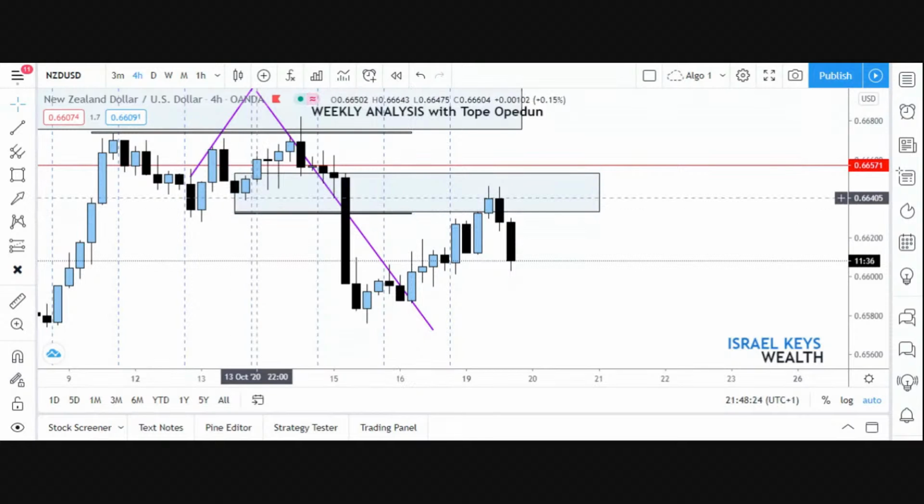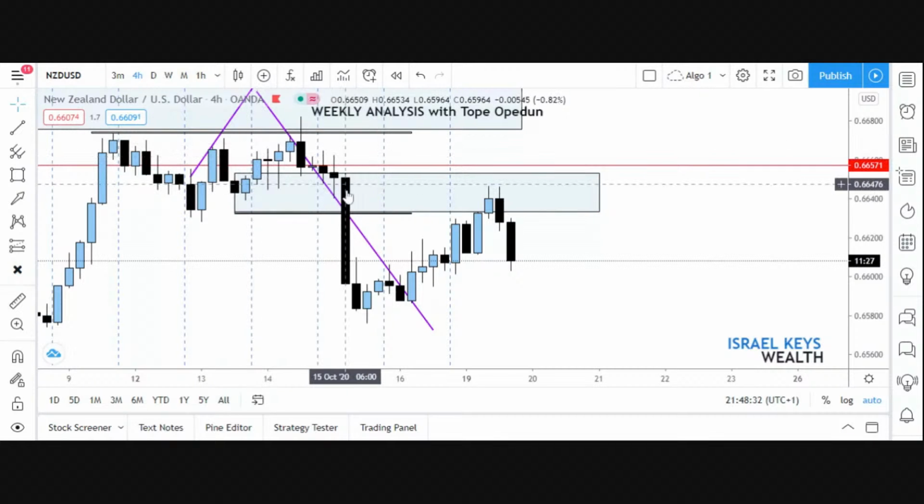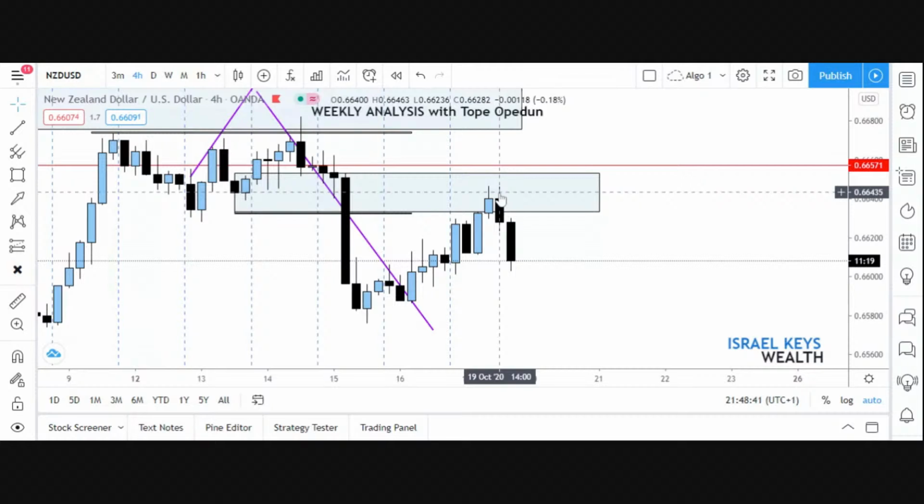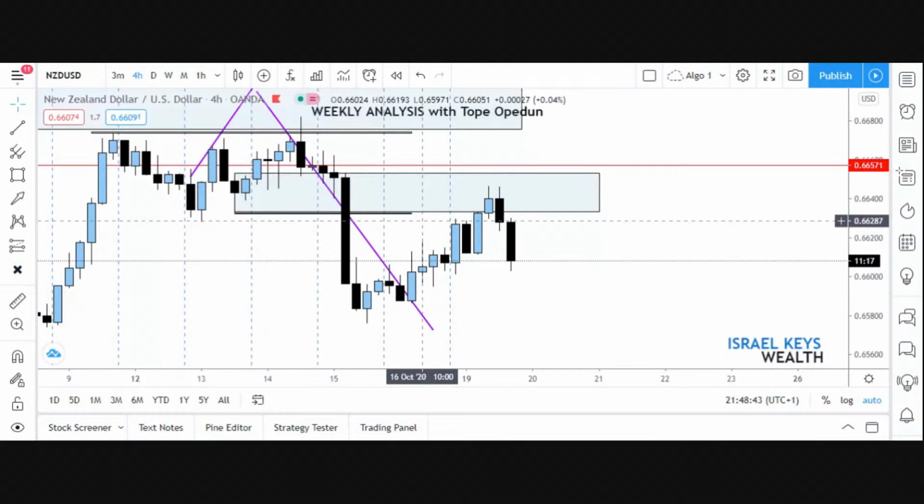It was responsible for that bullish run. So it used to be a bullish order block, but since price has not bounced off of it and sliced through it, it's going to be reused on the other side down. That's what happened today. Price rallied into that range and then dropped. Let's see if we went on the H1, if we would have seen a reaction point.